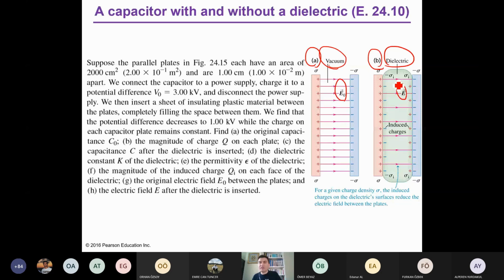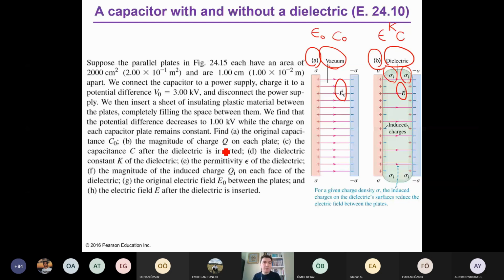And what else? The capacitance will be C0 here, and here we will have another capacitance, okay? And here we will have epsilon 0, and here we will have epsilon, and here we will have K, okay? So everything changes if you insert a dielectric between the plates. Now we will apply all this information within this example.